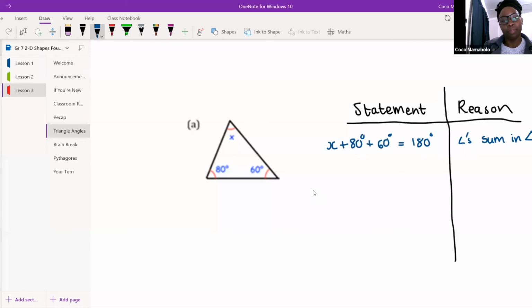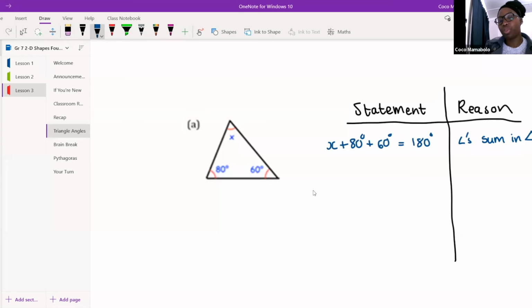Okay, give me my next step. Okay, then you're gonna say 80 plus 60. Okay, but I need a sentence or I need a number sum. So what am I going to write? 80 degrees plus 60 degrees equals 140 degrees. That's what I have here. Okay, good.